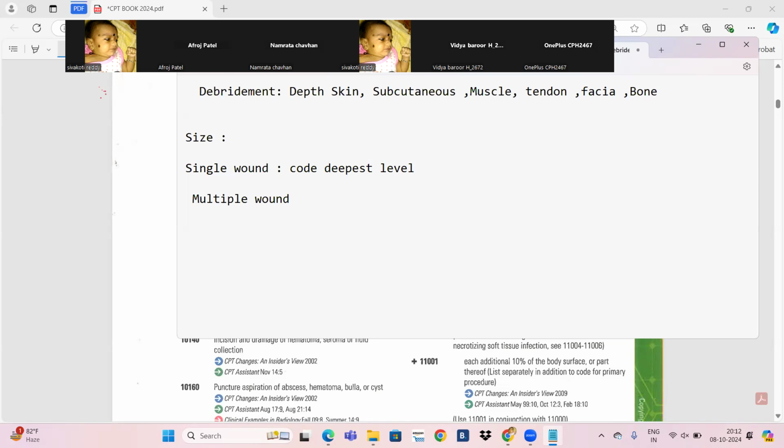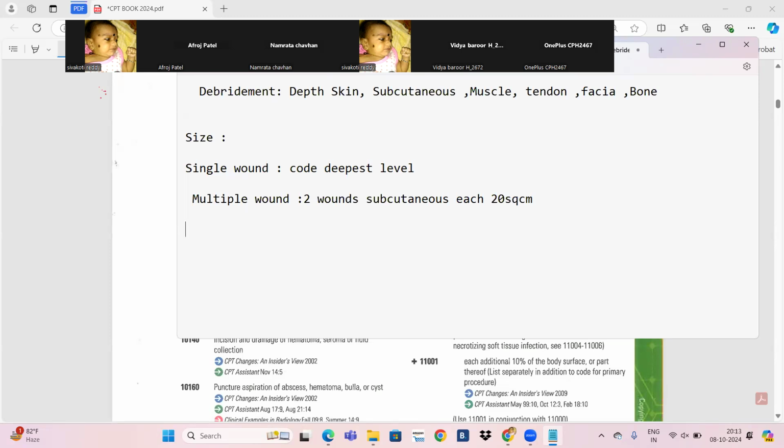Now, multiple wounds we can discuss. In multiple wounds, if they performed debridement at the same depth, like two wounds at subcutaneous depth, each 20 square centimeters, how will you code? 11042 with 59 modifier.